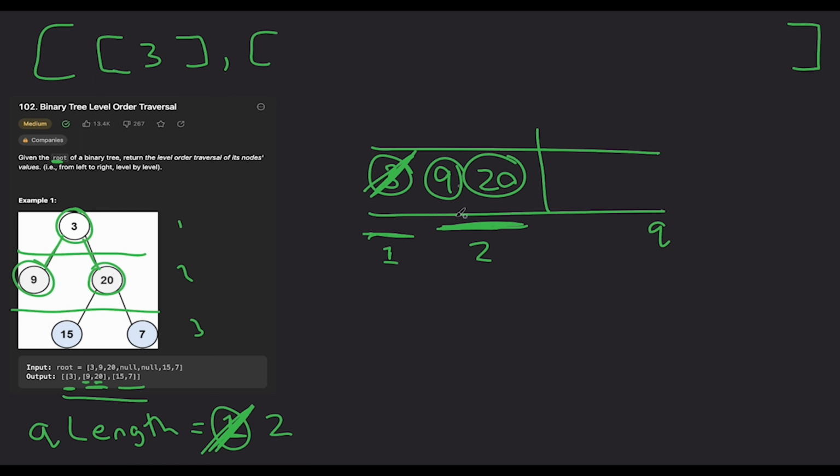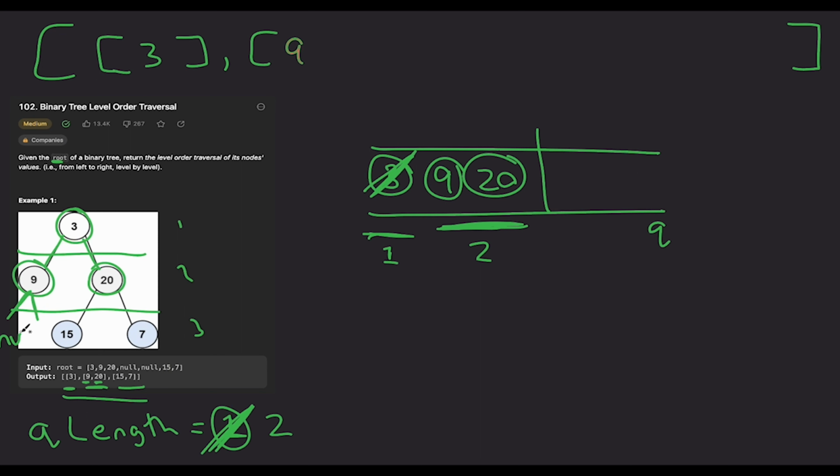So now we have our queue length of 2 representing our two nodes at this level, and we want to run our logic on these 2 nodes. So first thing we do is we start with 9, and we add 9's value to our array, and then we add its left and right nodes to our queue.